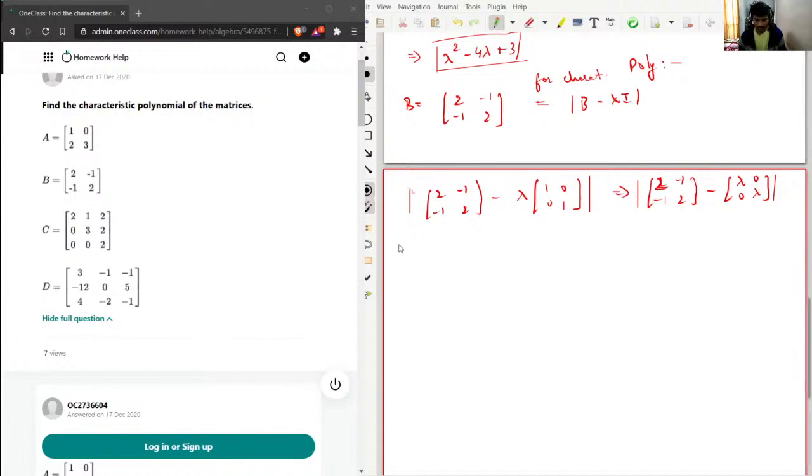Yeah, I'll just go for the subtraction. So this will be 2 minus lambda, negative 1, negative 1, and this will be 2 minus lambda. And I need to take a determinant of this. So again, I'll just multiply this 2 minus lambda with 2 minus lambda.